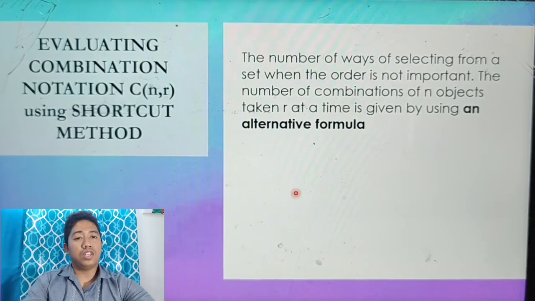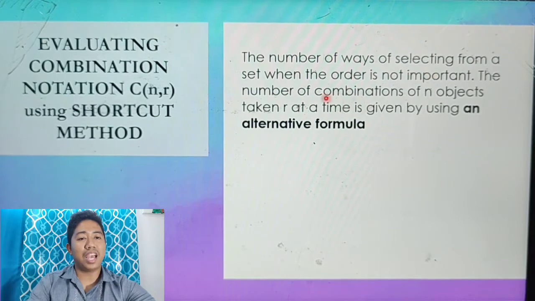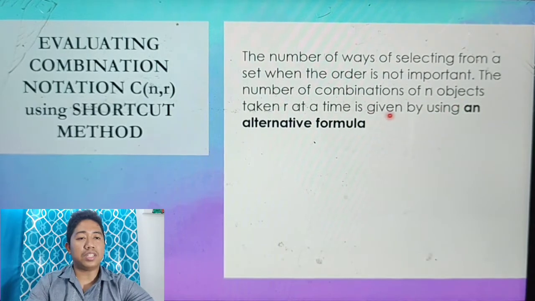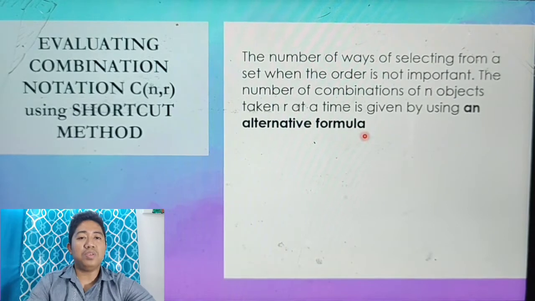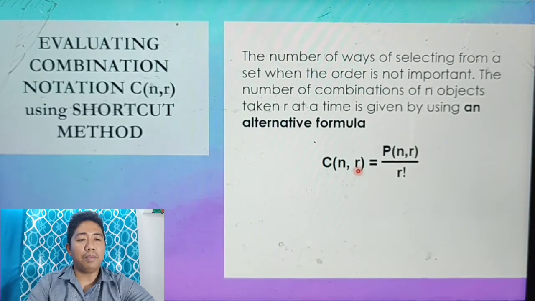Okay, so instead of using the formula, the number of ways of selecting from a set when the order is not important, the number of combinations of n objects taken r at a time is given by using an alternative formula. So instead of using the formula for combination notation, the combination of n and r taken at a time is equal to the permutation of n taken r at a time all over r factorial.